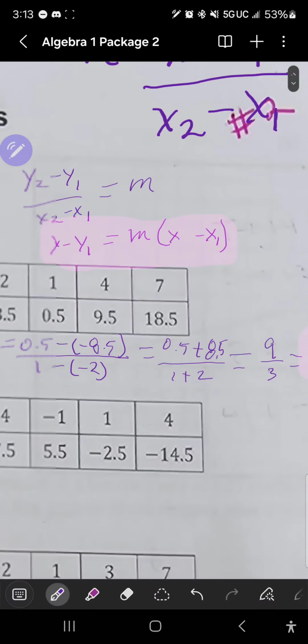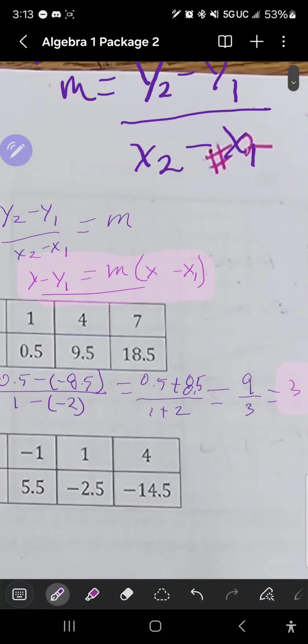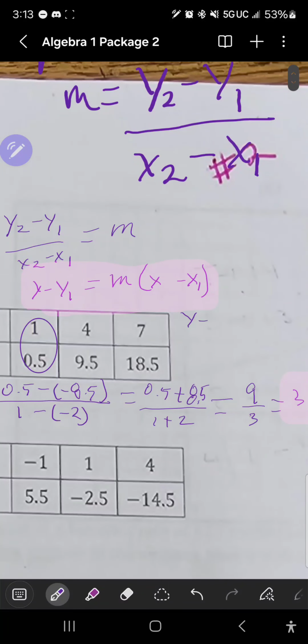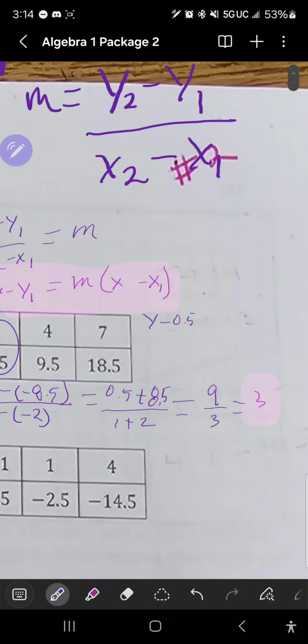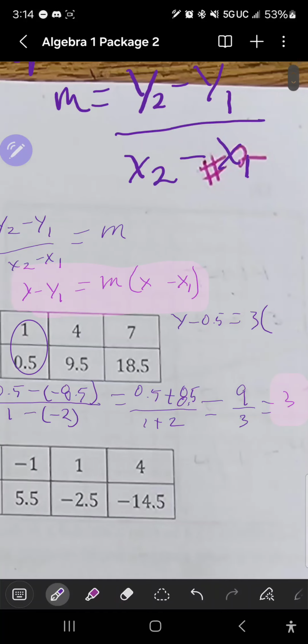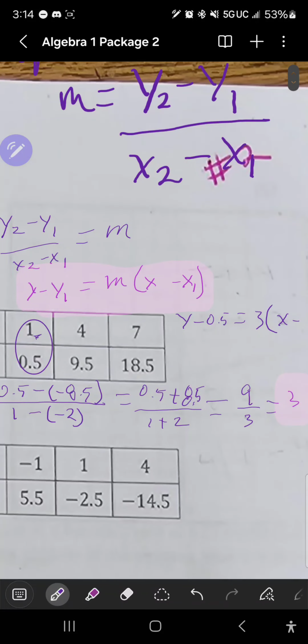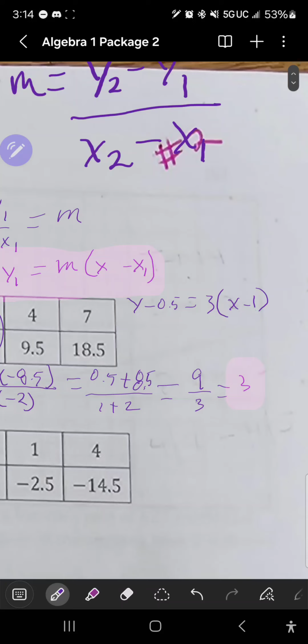Now to calculate the equation, which is what we need, we're going to use this formula. And we have y minus y1; you choose this. You can choose whichever number you want. So y minus 0.5 equals m, which is 3, times x minus 1. So y minus 0.5 equals 3x minus 3.